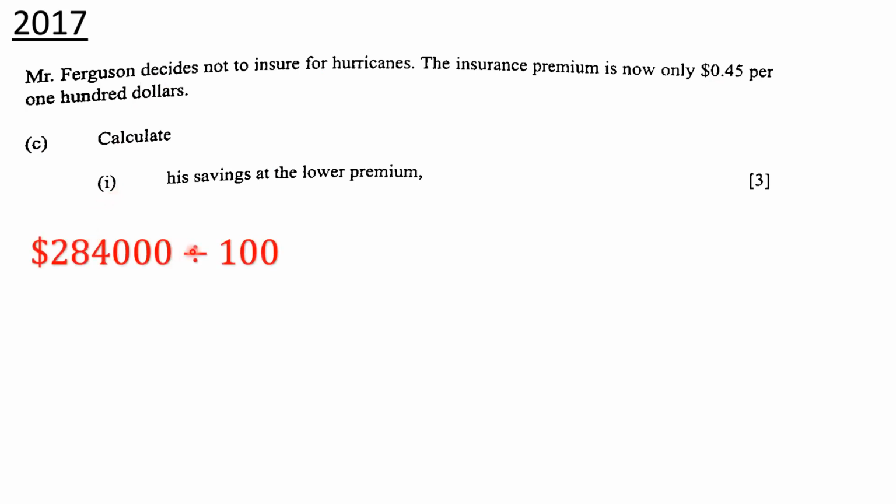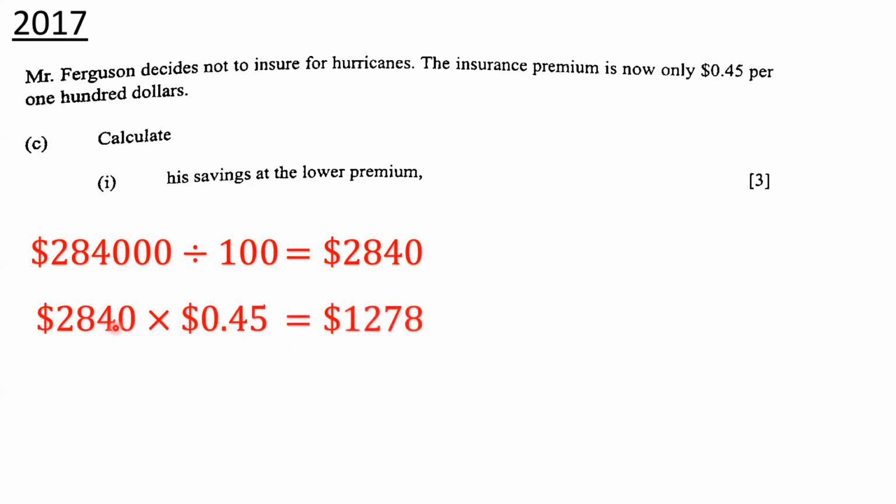If we divide it by 100, we get 2,840, which means that there are 2,840 $100 inside of 284,000. And so we have to multiply that by 45 cents, and we get 1,278. So that's how much you have to pay in this new premium. But remember the old premium.